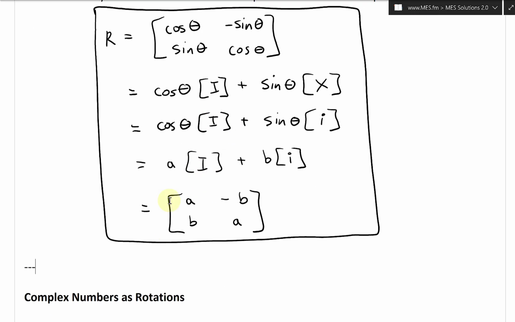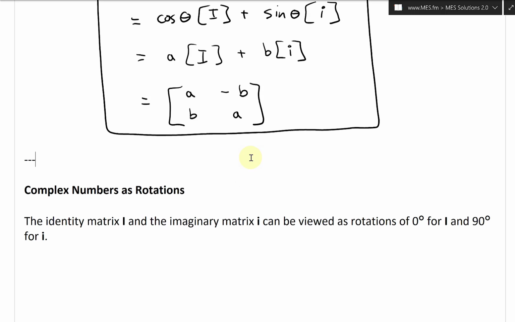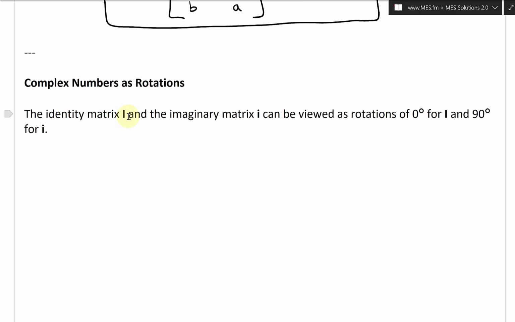All right, so now that we have this relationship here, let's continue further and look at complex numbers as rotations. The identity matrix I and the unit imaginary matrix i can be viewed as rotations of 0 degrees for the capital I, and 90 degrees for lowercase i.